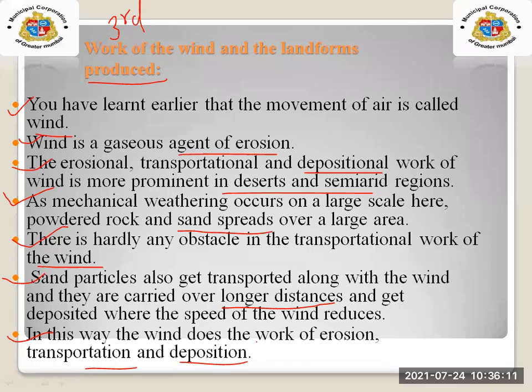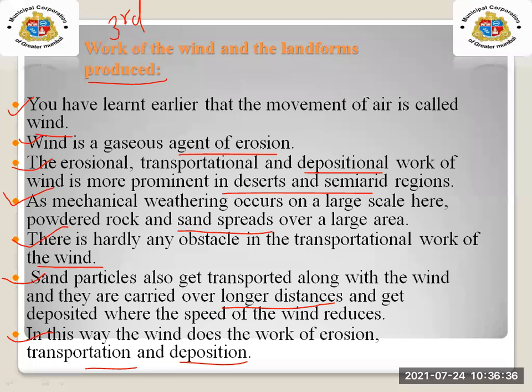If there is no obstacle, the wind's speed will be more. If there is an obstacle, the particles or minerals will get deposited, and the speed of the wind will be reduced.